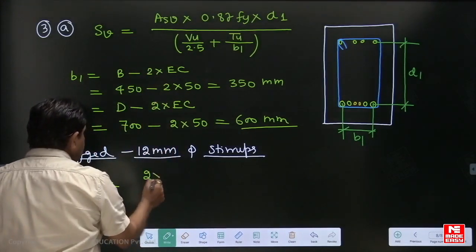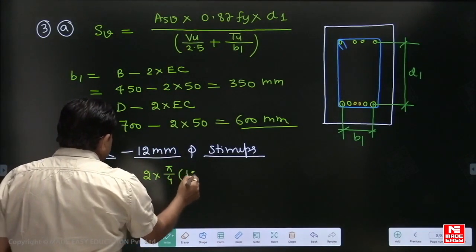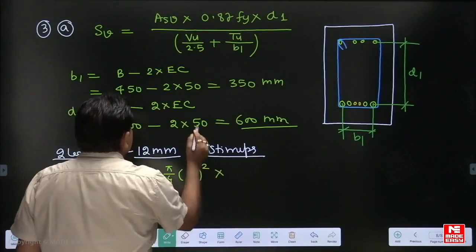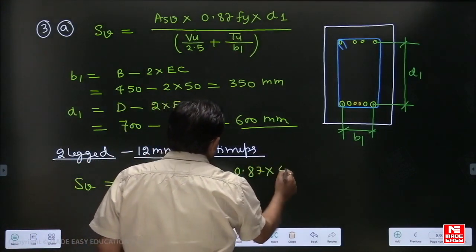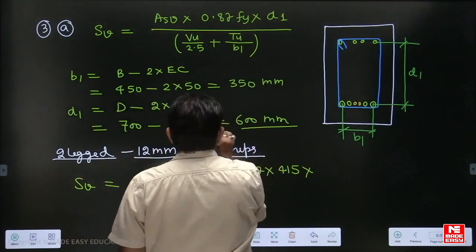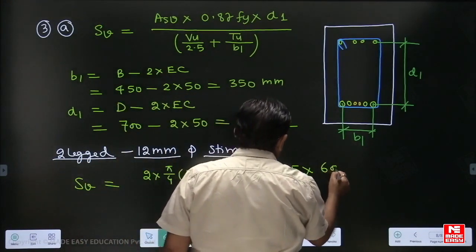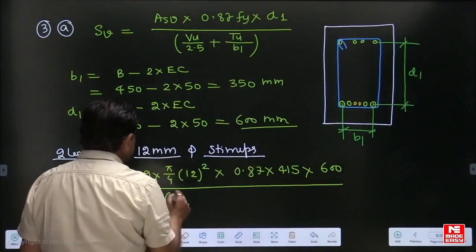ASB formula is two-legged, pi by 4 into diameter square, that is 12 square, into 0.87 into Fy, that is 415, into effective D1 is 600 mm, divided by Vu.